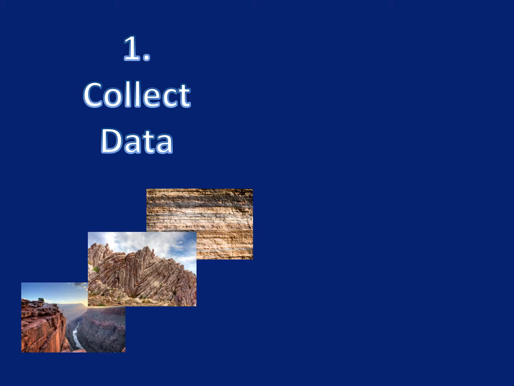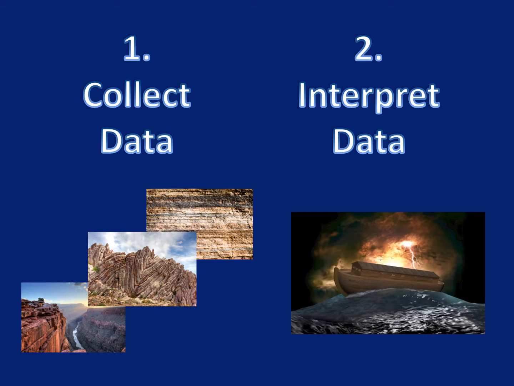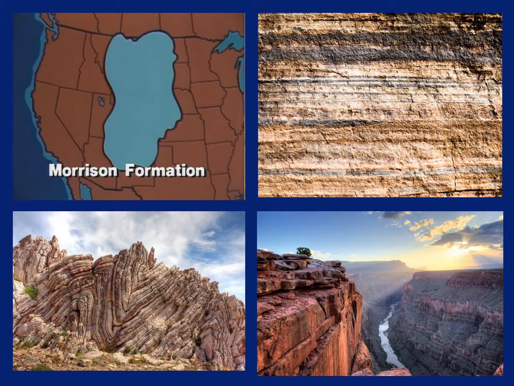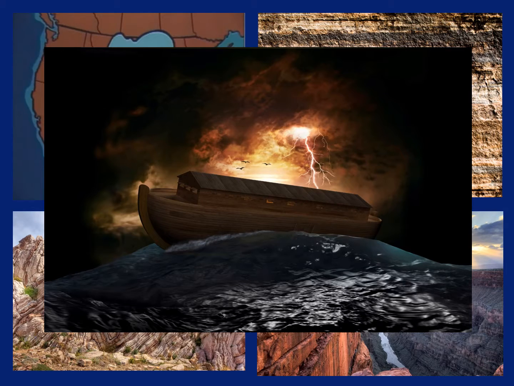They are evidence that something happened in the past to create these rock formations. As we try to make sense of or interpret this data, our knowledge of the worldwide flood and Genesis can help us understand what happened. The evidence we see in the rocks makes sense in the light of the story of the worldwide flood described in the Bible.